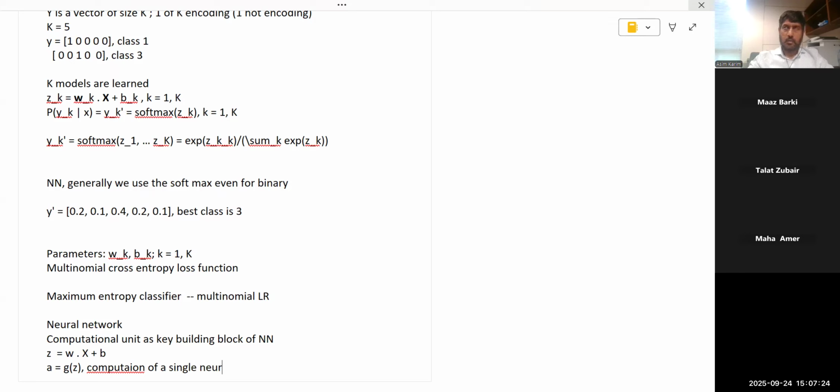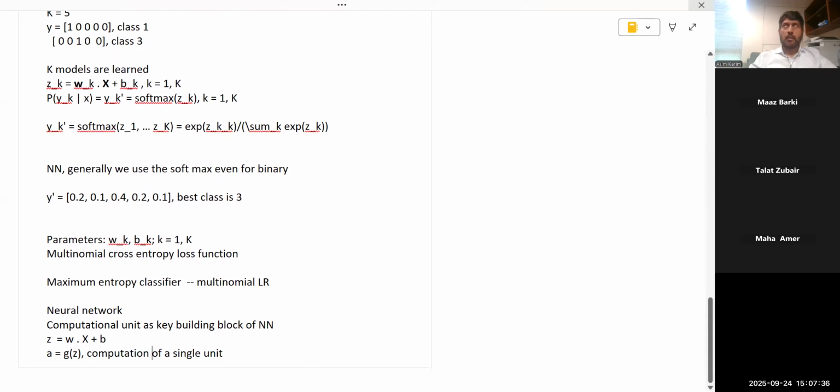Single neural unit कर लें. ठीक है? तो ये वाला फॉर्मूला आपने देखा हुआ है. G की जगह आप सिग्मॉइड डाल दें, A की जगह आप Y प्राइम डाल दें.